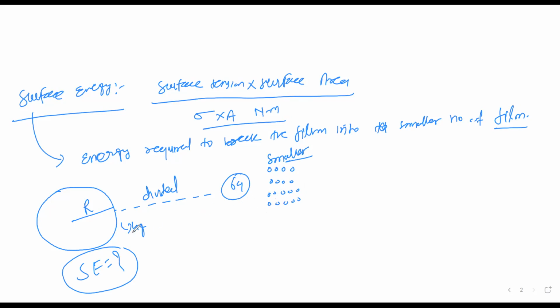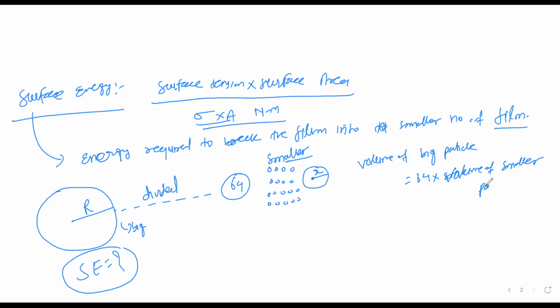First of all, I will try to find out the radius of a smaller film. If you are able to find the radius, you can find the surface energy. So to find the radius here, equate the volume: whatever the volume of the big particle, that must be equal to 64 into the volume of a smaller particle, because there are a total of 64 smaller particles.